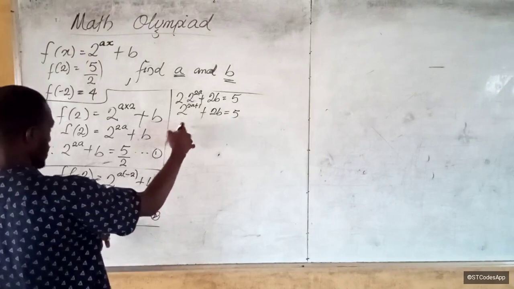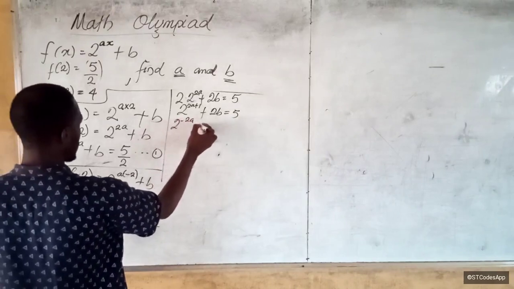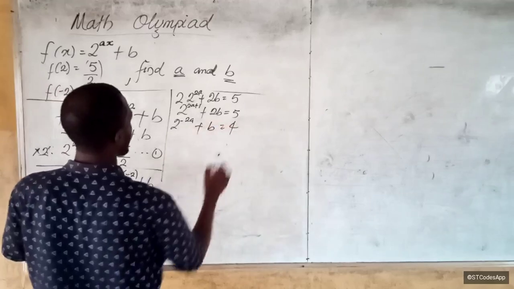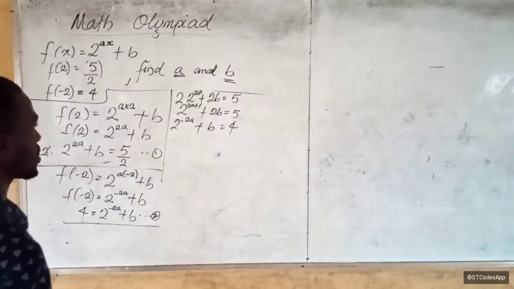Let's make them look alike. That will be 2 raised to the power minus 2a plus b is equal to 4. Okay, so this now is a simultaneous equation.